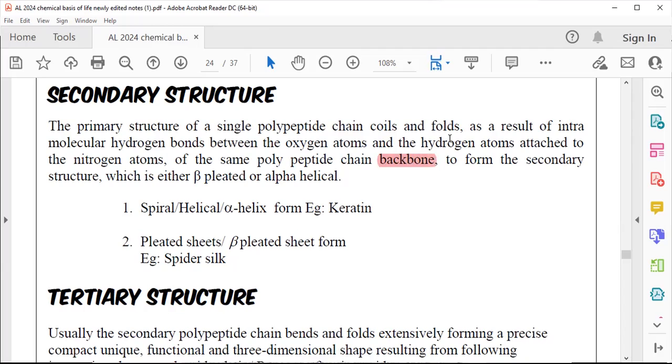Both are hydrogen bonds, but in the secondary structure, the hydrogen bond is created between the components of the backbone. That is true. Oxygen and hydrogen.